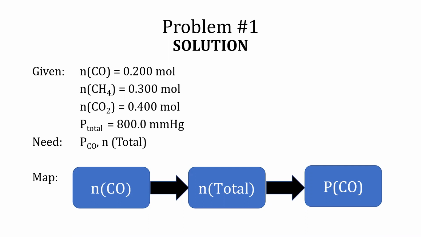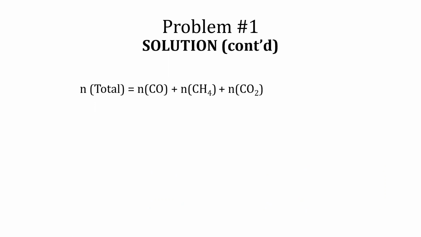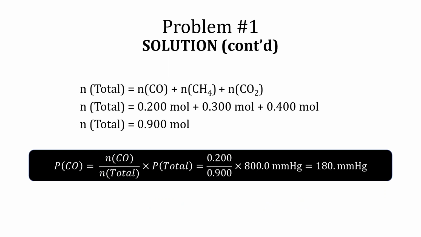It turns out that the total moles after adding the moles of CO, CH4, and CO2 is 0.900 moles, and after taking the moles of CO, dividing by the total moles, and multiplying this ratio by total pressure, P of CO is 180 mmHg.